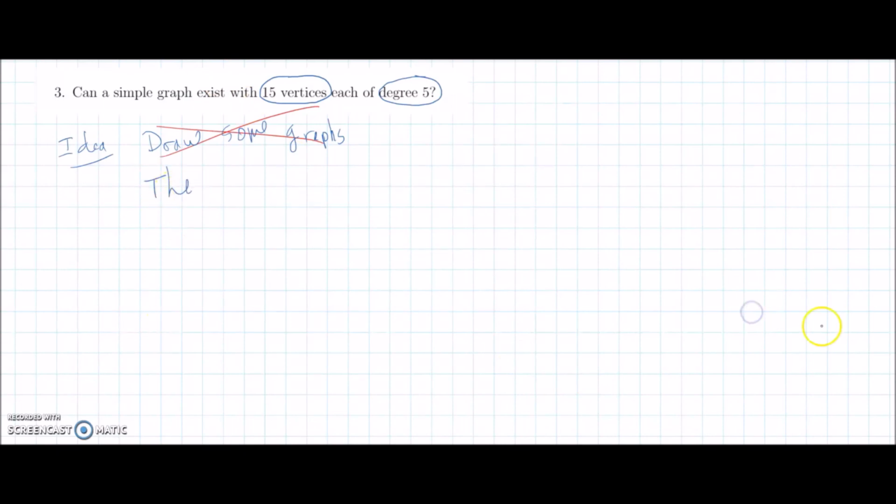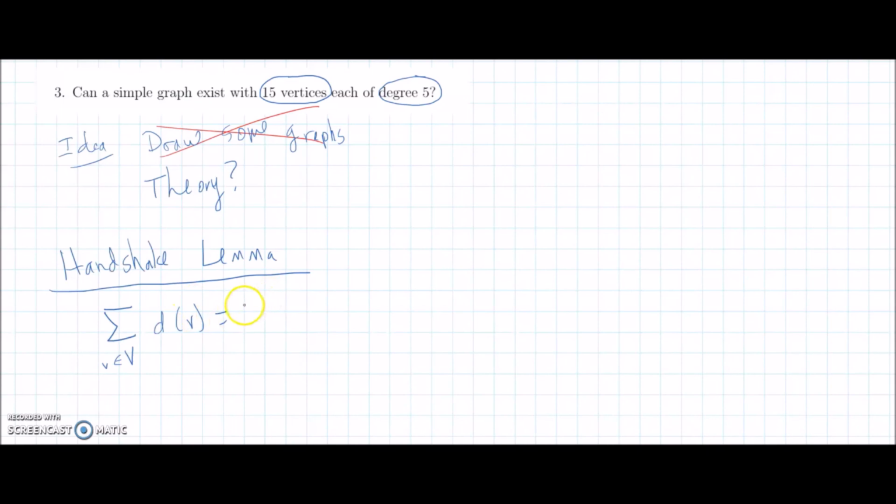So a better idea, whenever you have a theoretical problem like this, is to think, do we have any theory that can help us with this? Do we have any theorems or lemmas that talk about number of vertices and degrees? And we do. We have the Handshake Lemma, or Handshake theorem, which says that if you add up the degrees of all the vertices in the vertex set, you get 2 times the number of edges.